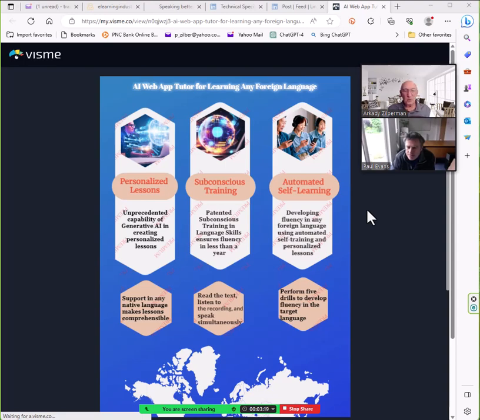Here is the poster, and I'll try to explain the main idea on the poster, and then we'll go into some details. This is an AI Web Application Tutor for learning any foreign language. First of all, even the title is unusual. If I had told you a year ago that one application can be used for learning any foreign language, it would sound, and even probably now it sounds to you, ridiculously incorrect.